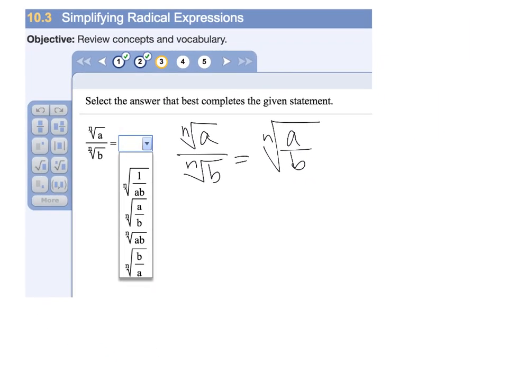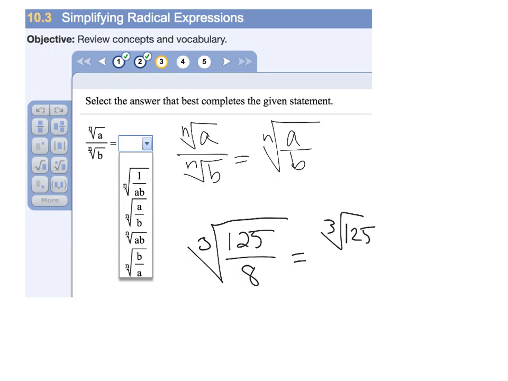So for example, if we're going to do the third root of 125 over 8, well, that means it's the third root of 125 over the third root of 8, and that equals 5 over 2. All right, so we want to know this rule largely because we're going to actually do it in reverse.